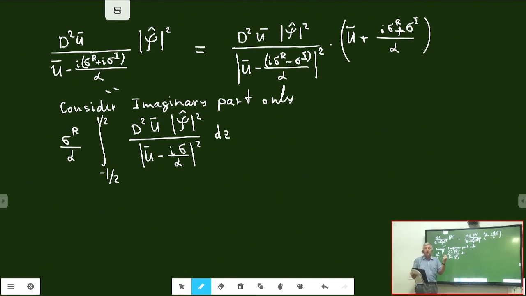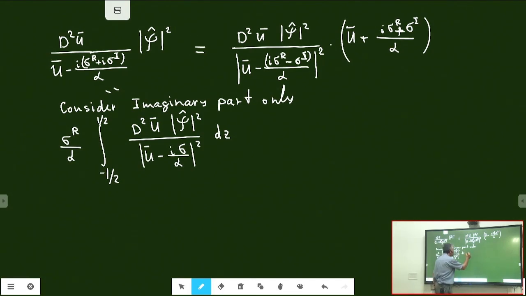So from here we conclude that the only way we can satisfy the condition would be by requiring that this quantity, which is a second derivative of the base flow, has to change sign. Somewhere it has to be positive, somewhere it has to be negative. Only in this case we can balance the equation and get an integral equal to 0.